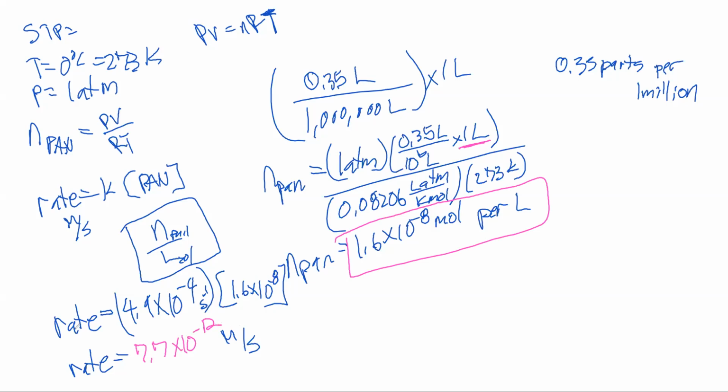Wouldn't the liters have to be on the bottom for it to be per liter? So you do need your liters to be on the bottom for it to be per liter, right? Now, what I would say is that when we found our number of moles, what total volume were we looking at? Because we got our amount of pan in terms of a concentration.